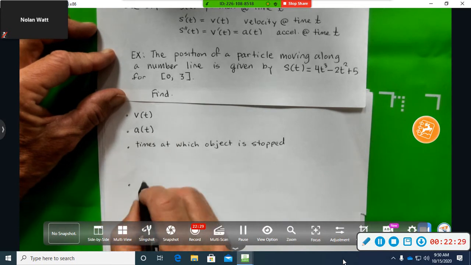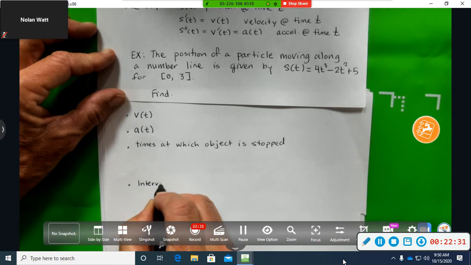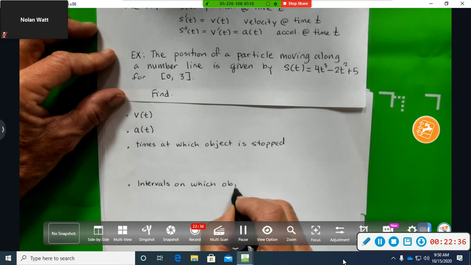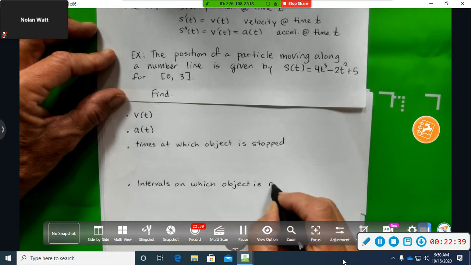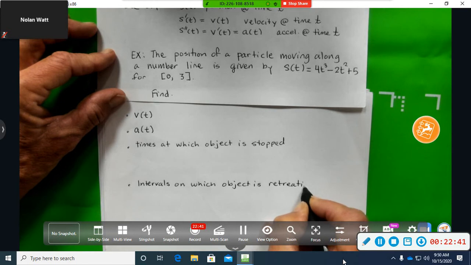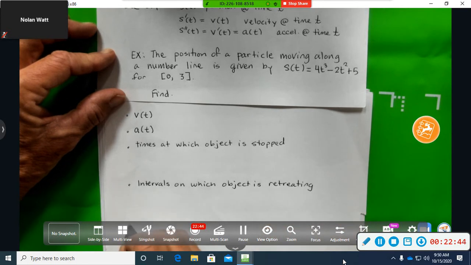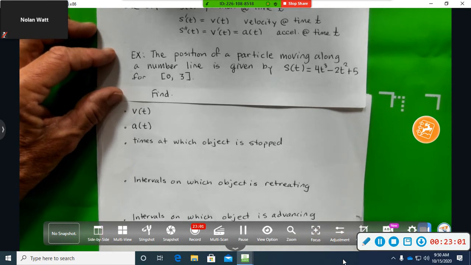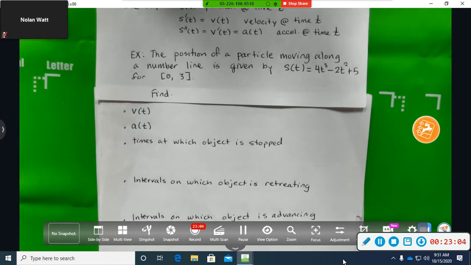and let's find intervals on which the object is retreating, and let's find intervals on which the object is advancing, and then, it doesn't fit on my page here, we'll find the total distance traveled.